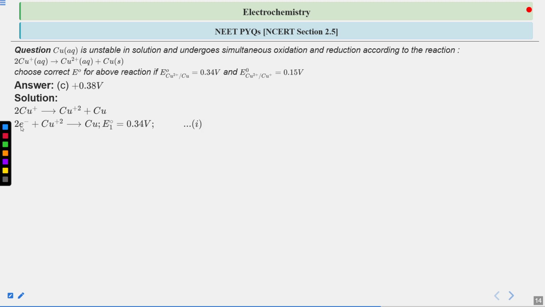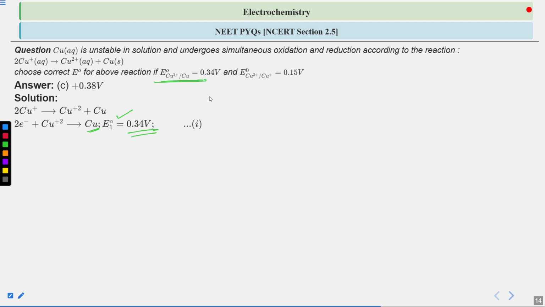If you divide this reaction, taking oxidation and reduction separately: Cu2+ gaining 2 electrons, becoming copper in the neutral form, and its E naught value is given as 0.34 volt.